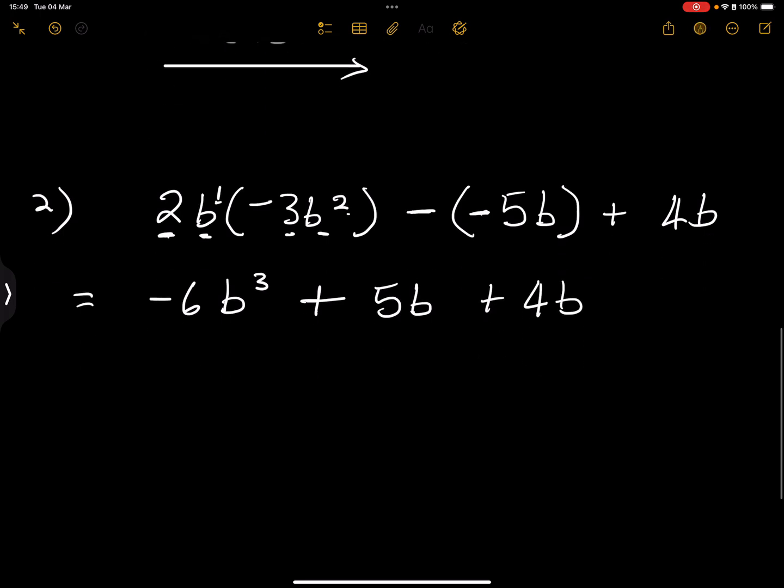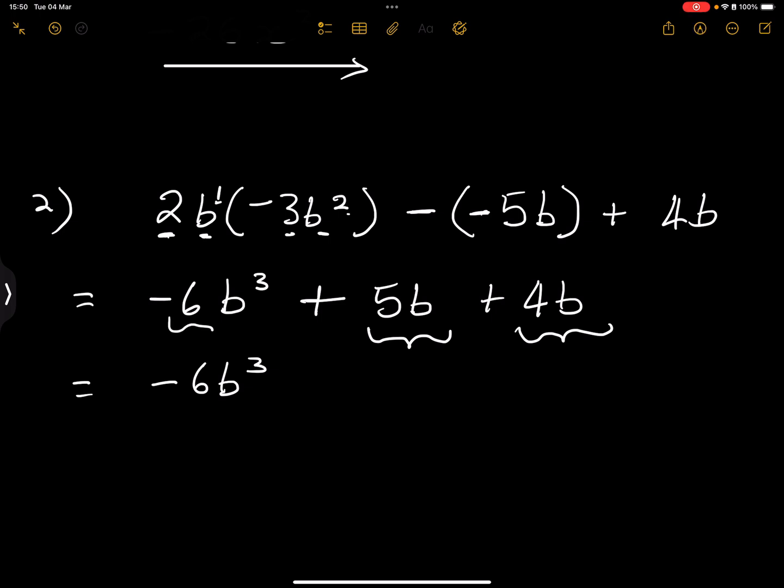Now, do we have like terms? Of course we do, right? The only like terms that I have are 5b as well as 4b. Because we said like terms have to have the same variable, and in this case, the same index. So that will be minus 6b cubed, right?